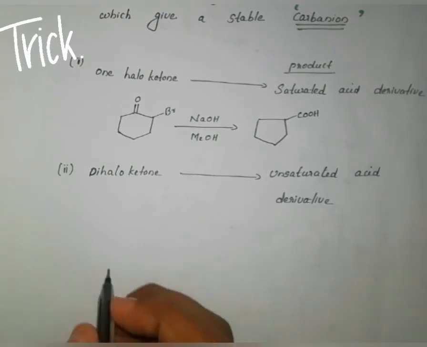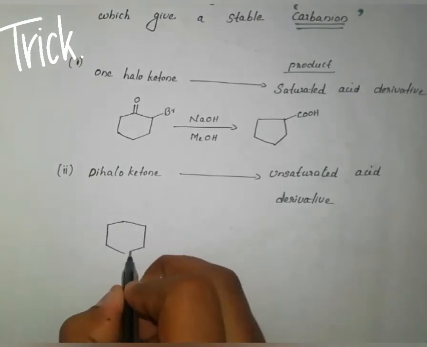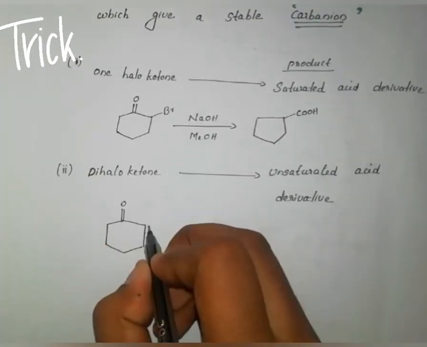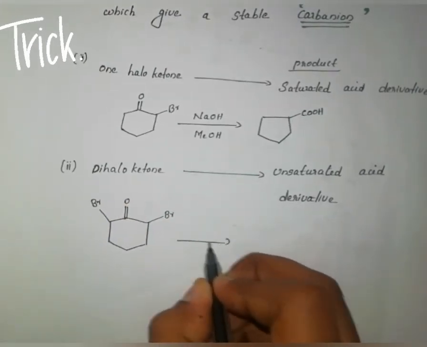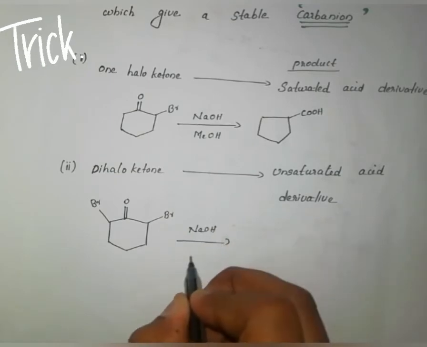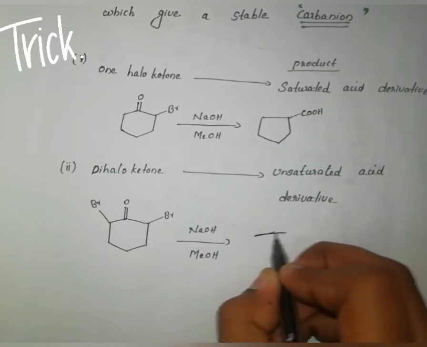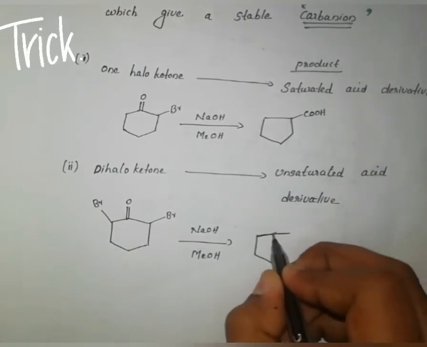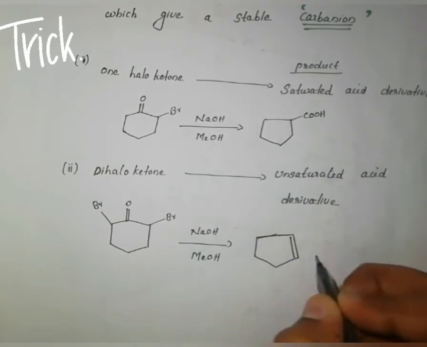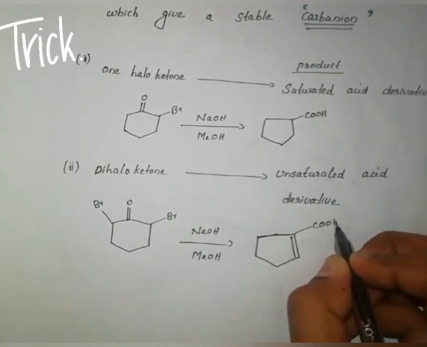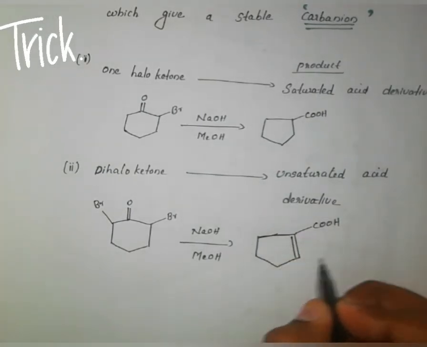Okay, that is, if it has two halogens in the starting material, then the final product is this one. That is an unsaturated acid derivative.